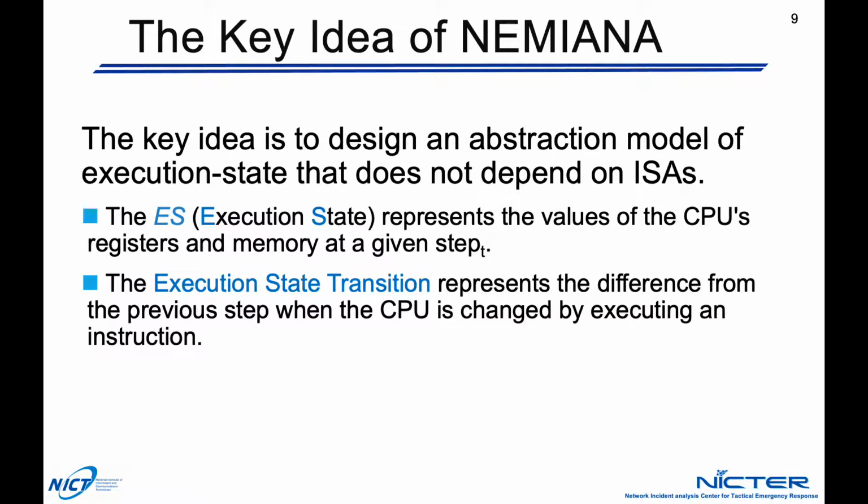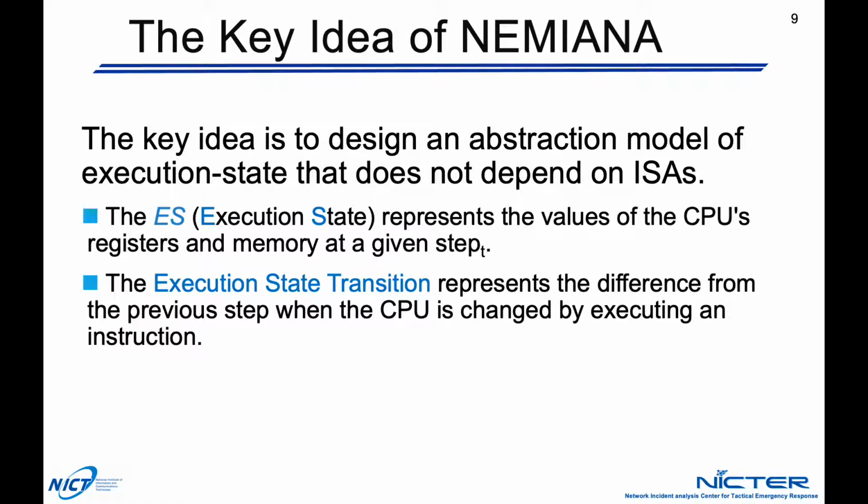The key idea of NEMIANA is to design an abstraction model of execution state that does not depend on the instruction set architecture. There are two abstraction models in NEMIANA. The first is the model of execution state.